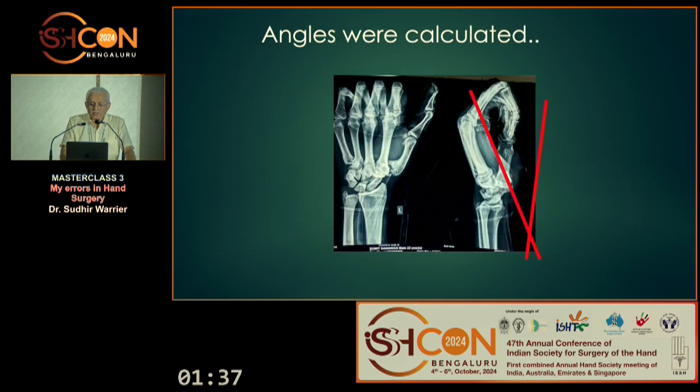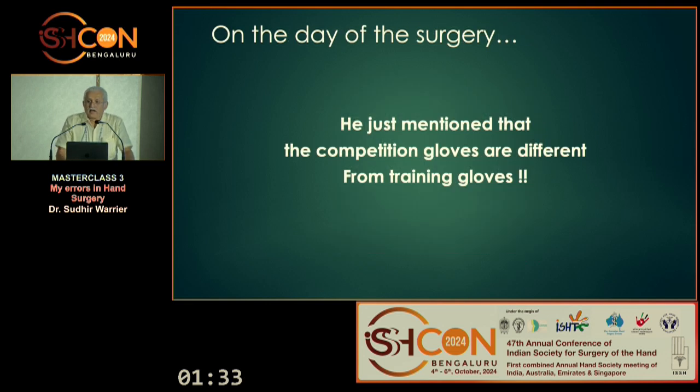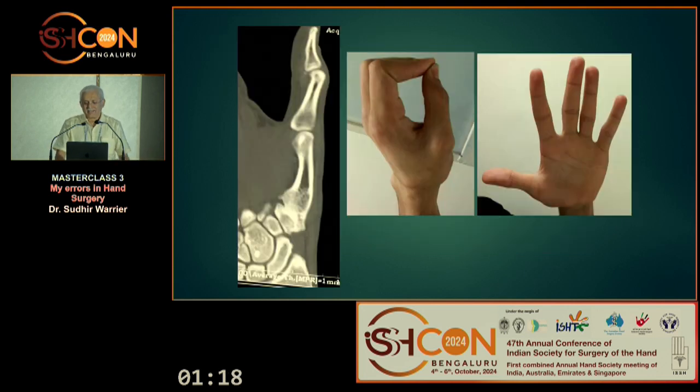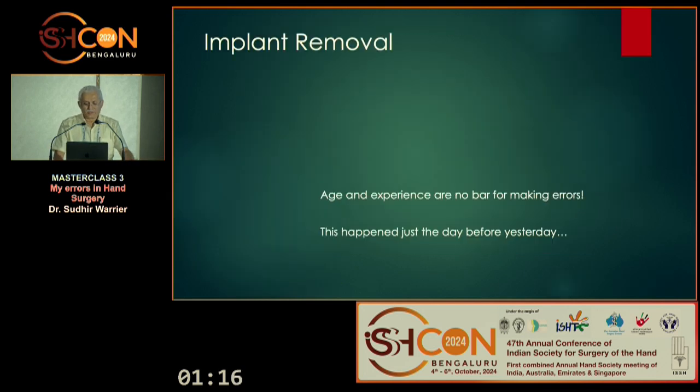And on table, so I calculated the angle, these lines have moved in this x-ray. So just on the day of surgery, he mentions that competition gloves are different from training gloves. So I sent his assistant back to the hotel, got the competition gloves, on table calculated his angles, and got him fused. He went on to do well.